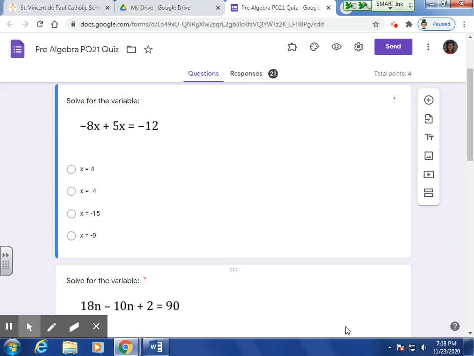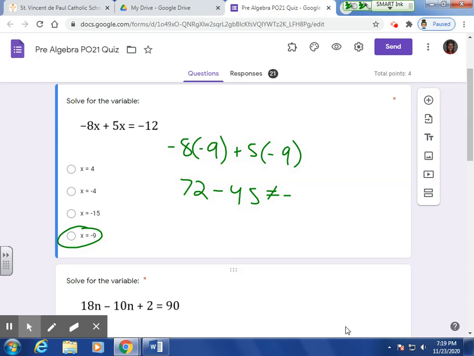But remember that you can check these answers. For example, if you got x equals -9 as an answer for the first question here, and you plug that in, -8 times -9 is positive 72, and then positive 5 times -9 is -45.